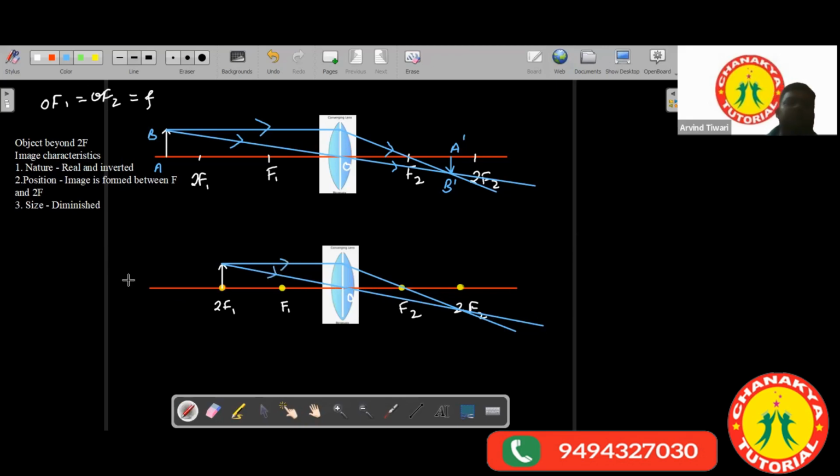This will be possible only if you are taking proper measurements. If you take proper measurements, then only you will be able to get your ray diagram. So this is your A, B, and here you have A dash and B dash.